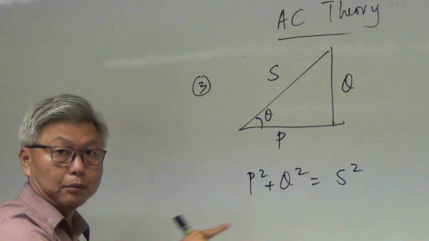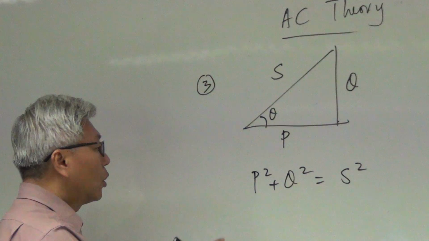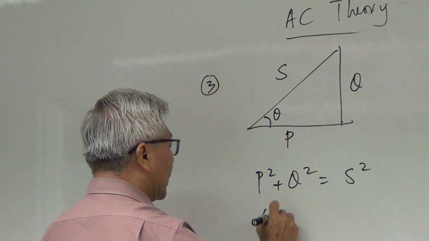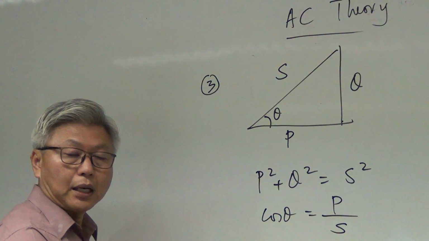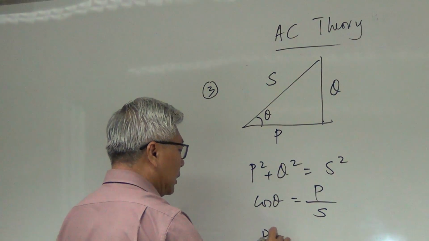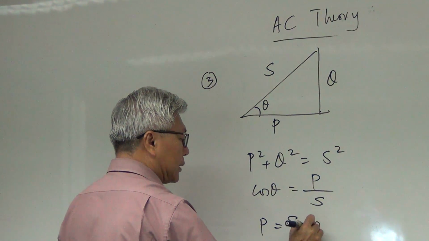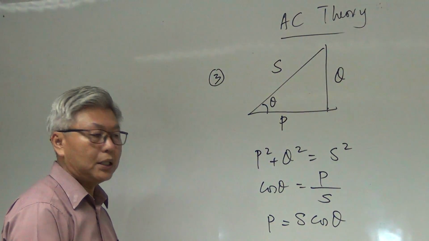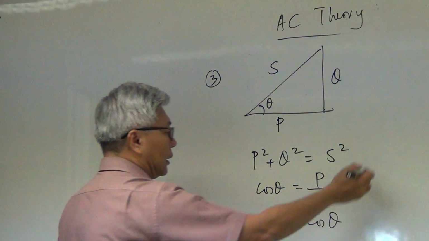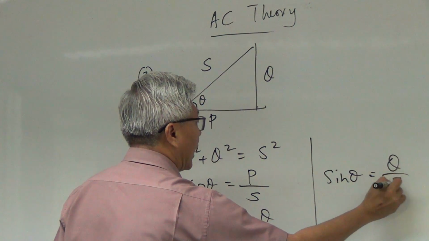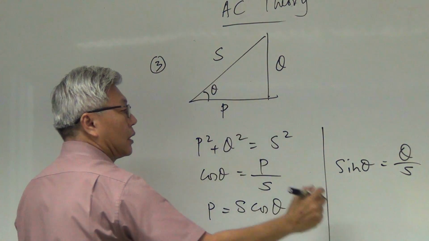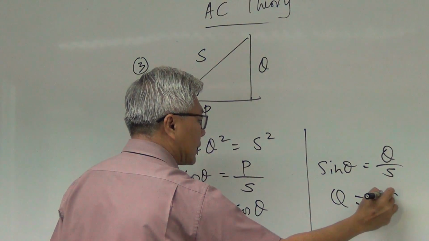That's Pythagoras theorem. You also learn that cosine theta is equal to P over S. So in other words, P is equal to S cosine theta. And sine theta is equal to Q over S, opposite divided by hypotenuse. So therefore, Q is equal to S sine theta.